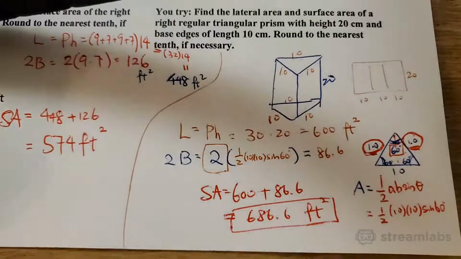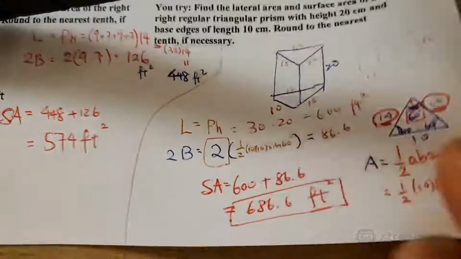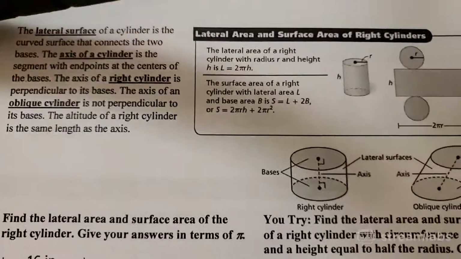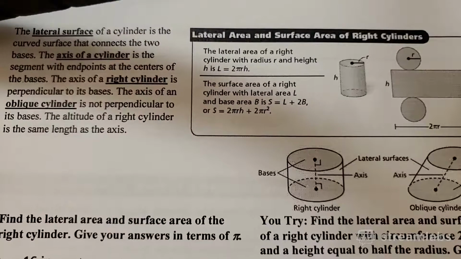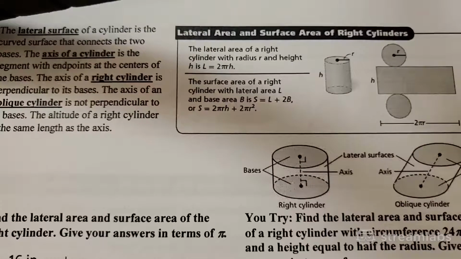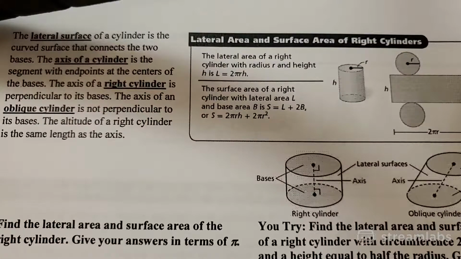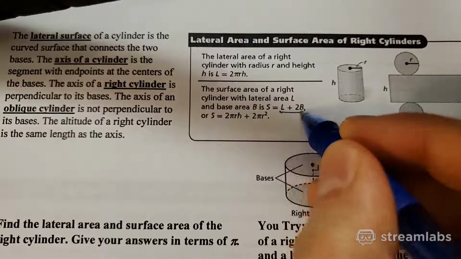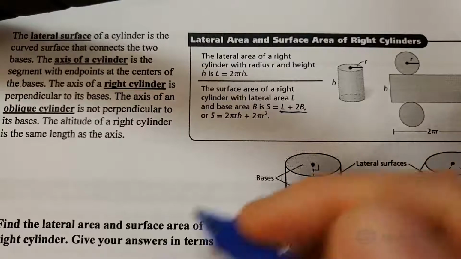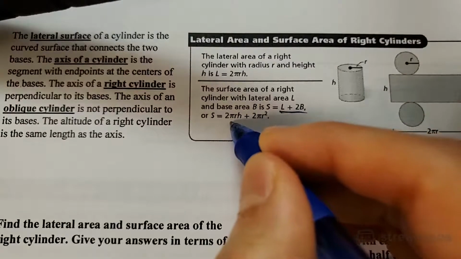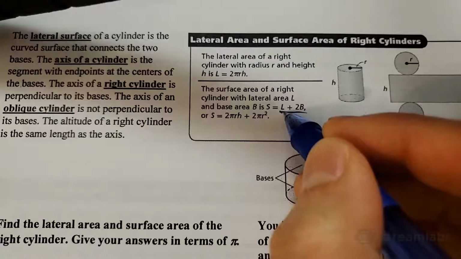Alright. So if you're okay, let's flip over to do a little bit more practice. So next thing is the same thing. You're doing the cylinder. Cylinder is the same thing as prism, right? So we still get lateral area plus 2 bases.